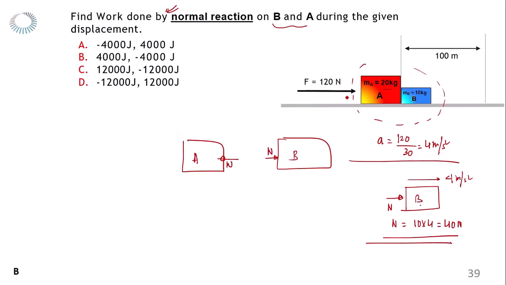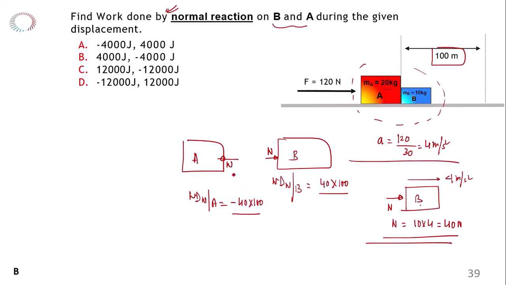In the process, both have been displaced by 100 meter. So the work done by the normal on B will be 40 into 100, a positive number, because the normal is along the direction of displacement. Similarly, the work done by the normal on A should be minus 40 into 100.